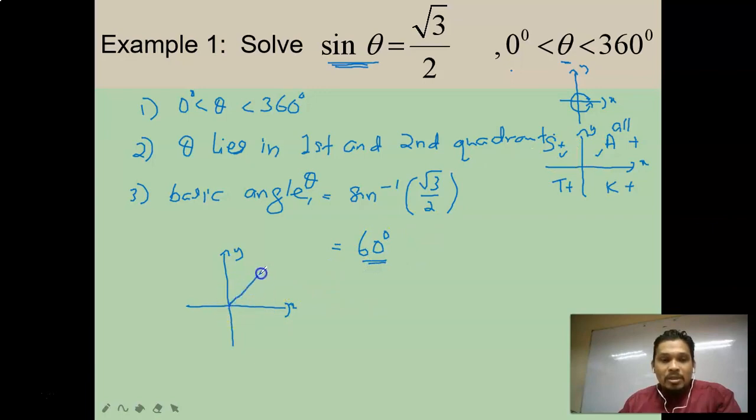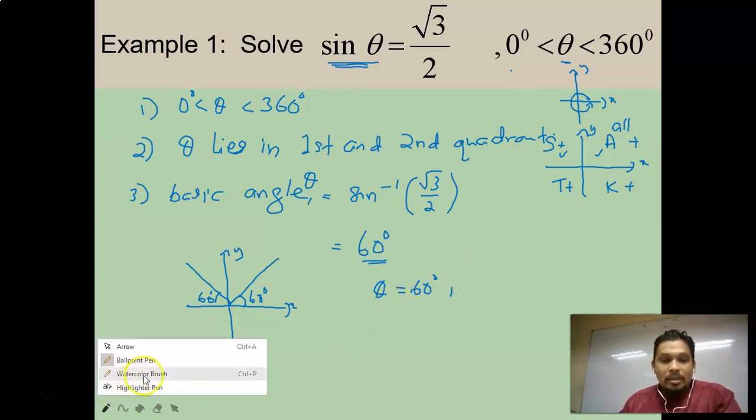So just imagine that we have this 60 degrees, and also here 60 degrees, so theta equal to 60 degrees.